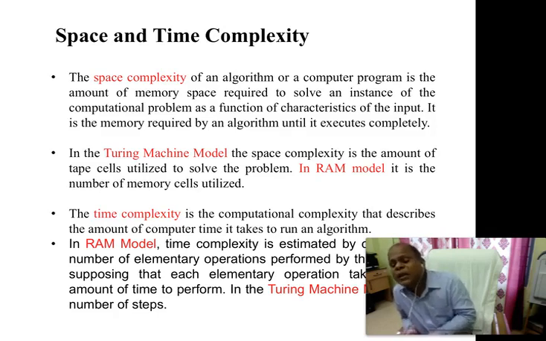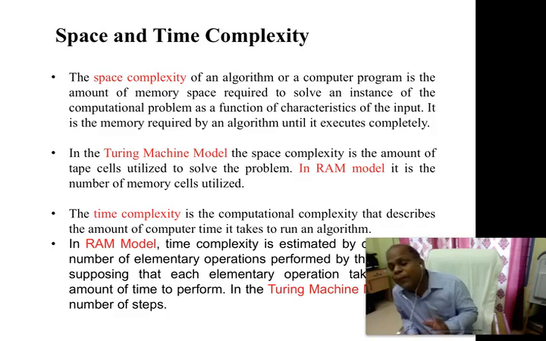Now, in case of RAM model, the time complexity of a particular algorithm is calculated by how many primitive operations the RAM model follows to implement the algorithm. But in case of Turing machine model, how many steps the algorithm jumps from one state of the Turing machine to another state in order to reach the final destination or the accepting state is called the time complexity of the algorithm.